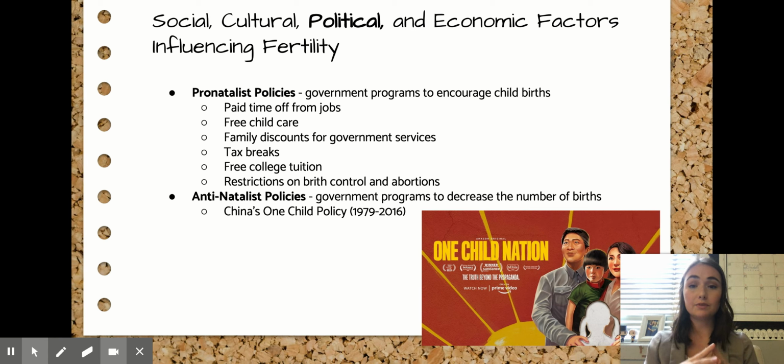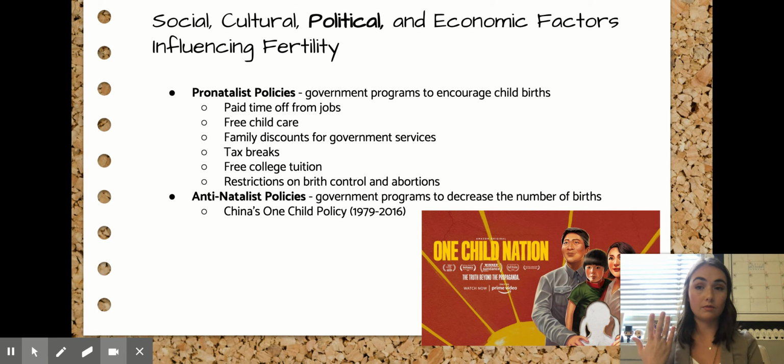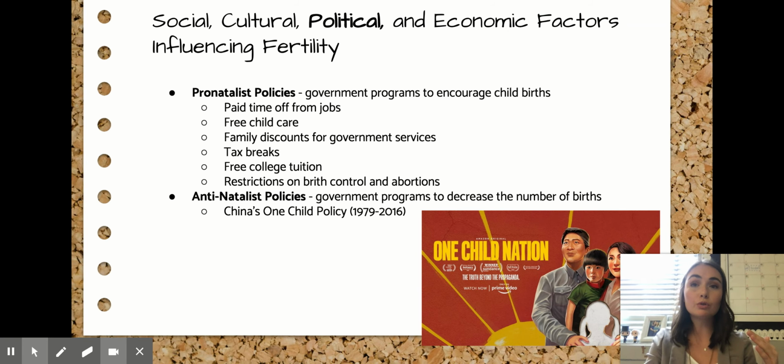It's simply stuff like paid time off from jobs, free childcare, family discounts for government services, tax breaks, right? Like if you have more kids, you don't pay as many taxes, free college tuition, restrictions on birth control and abortions. So it's not like countries are saying have more kids, but they're encouraging it usually through economic means.